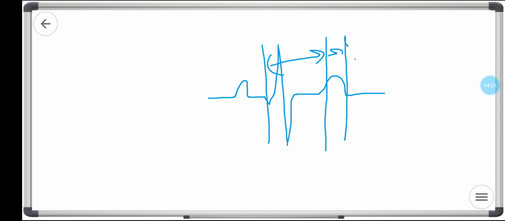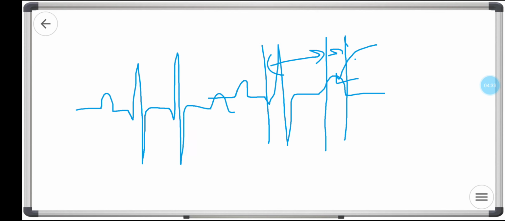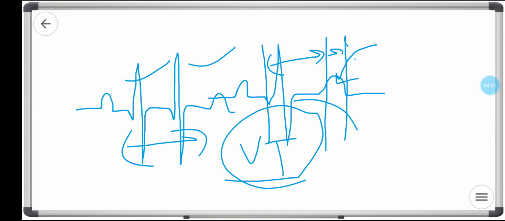Now if it prolongs and another action potential is given, there will come another QRS. So two QRS in a row. If this happens again, that could induce ventricular tachycardia. So that's the problem with long QT, and that's why it is dangerous.